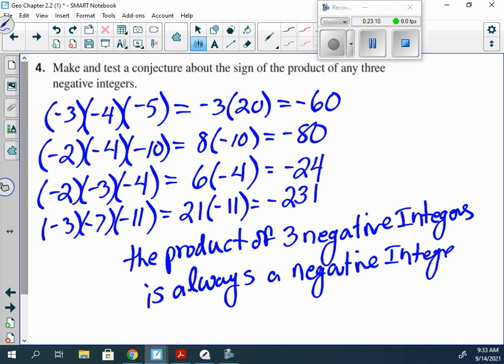And if you just wrote always negative, I'll take that, that's fine. It's saying the same thing. Any questions on this here? And again, if you're having trouble seeing the pattern, just keep trying. Keep trying more and more and more to see if it works.